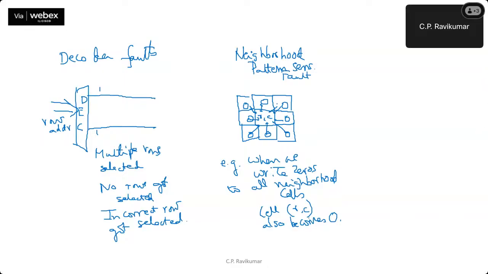The other kind could be that when I surround the cell with all zeros, then I cannot make this one. If it is already one, no problem, nothing happens. But if it is zero, then I can't change it to one. So I may have what is called an active or a passive fault. This is called an active fault.